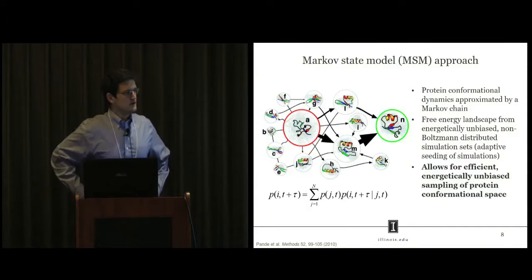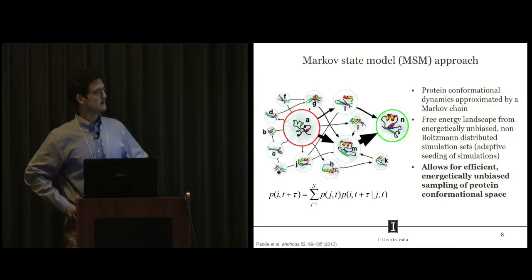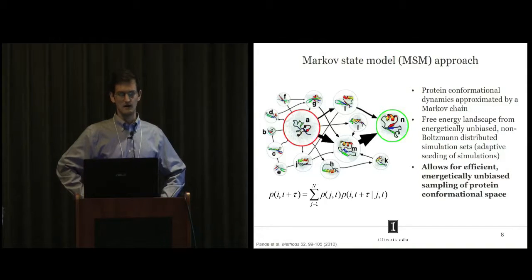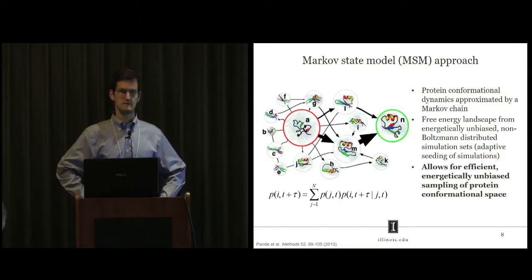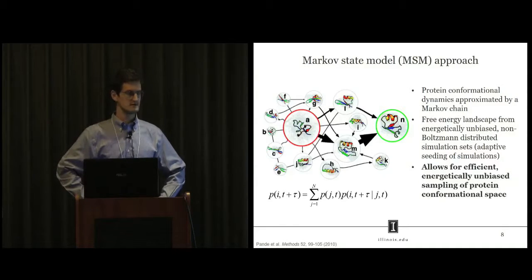In order to exploit this sort of parallel strategy of simulations, rather than doing long single simulations, we use Markov state models, which take the protein dynamics that we get from simulations and cluster similar structures into states.